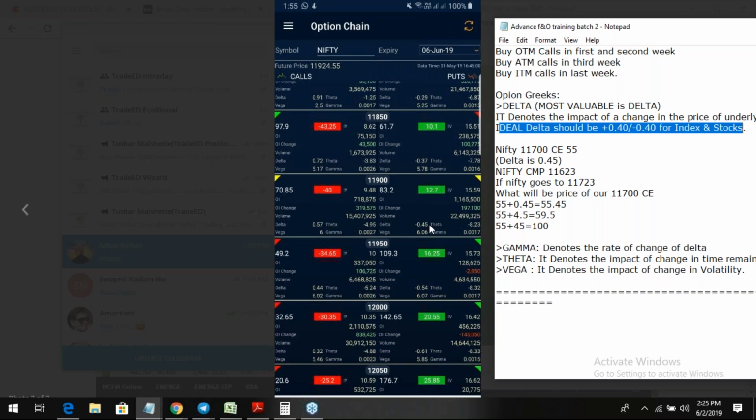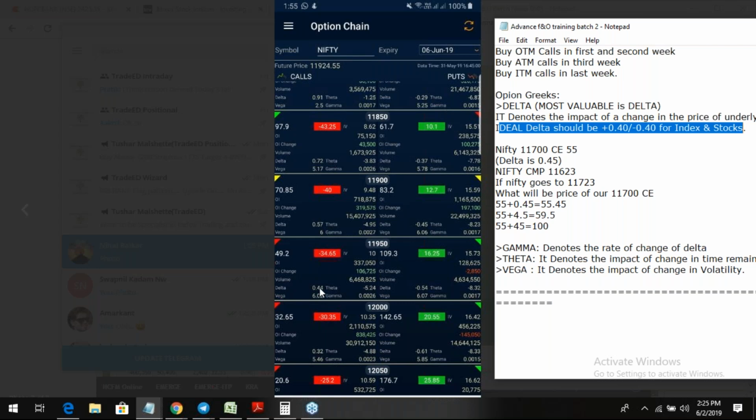Does the value of delta go up as price goes up? Absolutely. But who tells us that the delta will go up? Of course, the delta will not be the same for the whole day. If you are buying the 11,950 call at 50 rupees, for example, and the delta is 0.44, and Nifty goes from 11,920 to 930, is the delta the same?